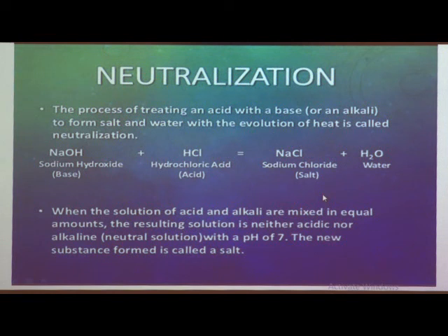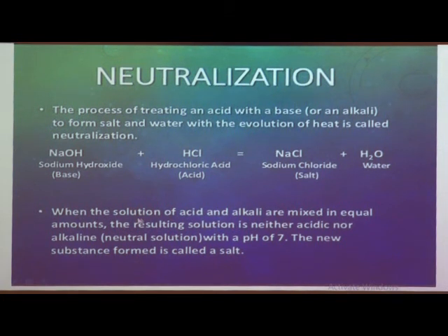So when the solution of acid and alkali are mixed in equal amounts, the resulting solution is neither acidic nor alkaline. Whenever we add this NaOH base plus HCl acid, it is going to give us NaCl. It means these substances have to be added in equal amounts.